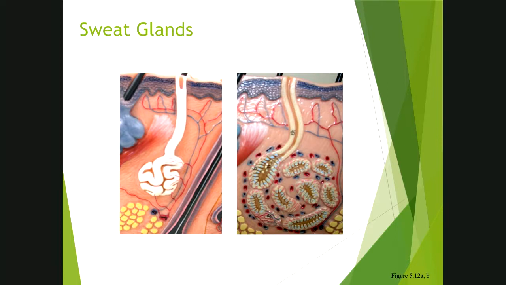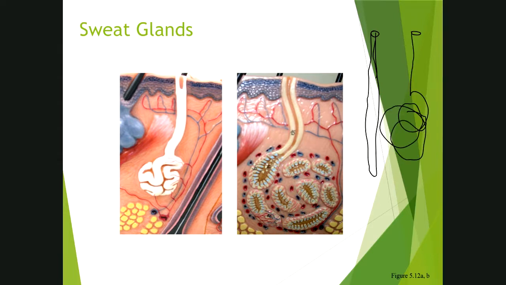When we look at it on the model, this is what they look like. They are tubular glands, so it's a tube. But it's not a tube the way we expect it. The bottom part is all balled up. So they look like a ball on a string.